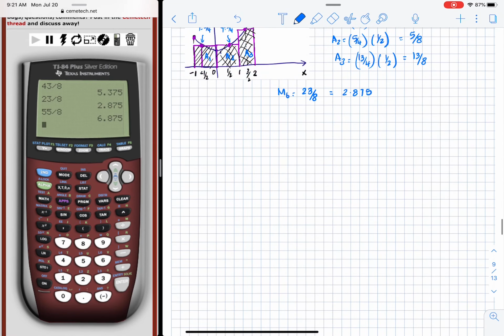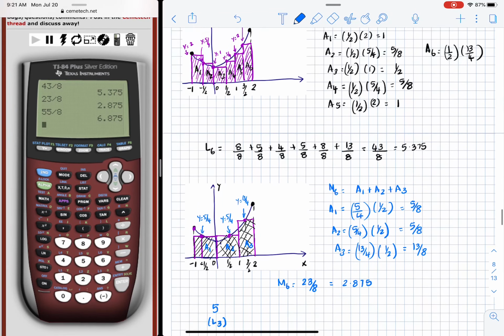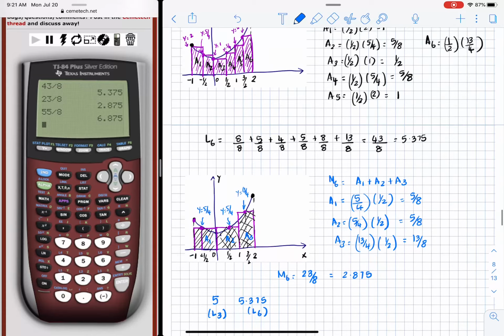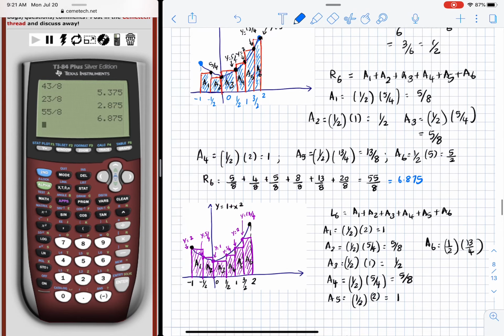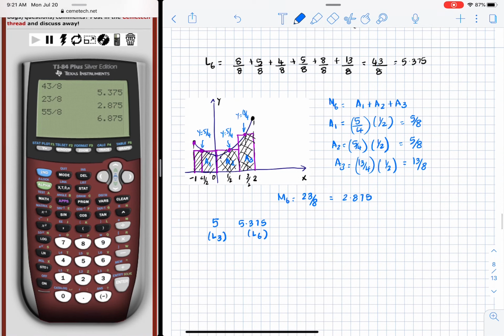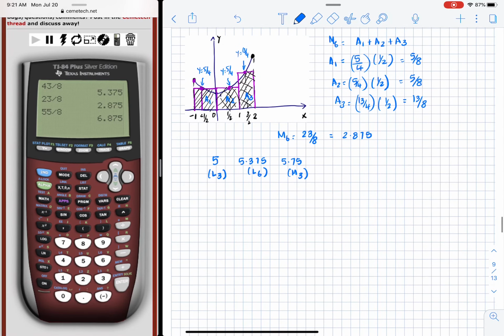L3 was 5. L6 was 5.375. And M6 or M3 is 5.75. R3 was 8.